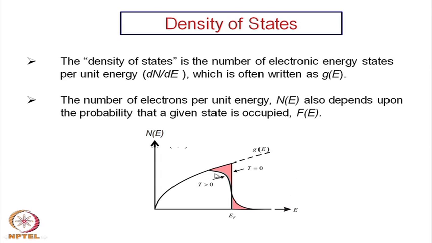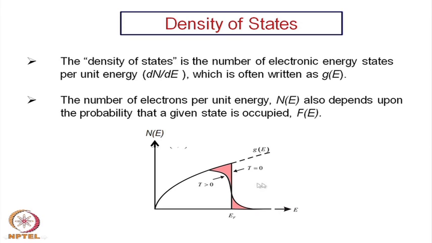Once again one can apply the Fermi-Dirac distribution function here, and at temperatures greater than 0, this will be the situation. Some of the electrons just below the EF or Fermi energy will be excited above the Fermi level, and again the number of states below and above will be equal.